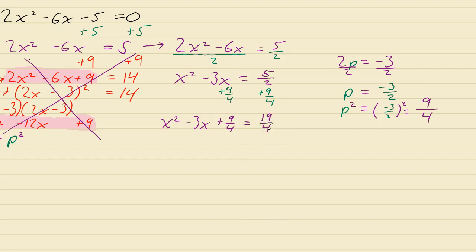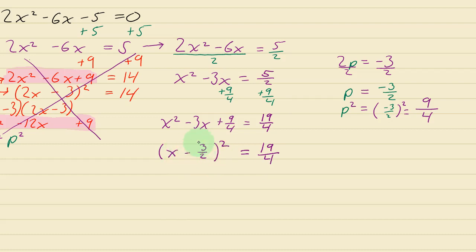Alright. Now, we should be able to factor the left side into x minus 3 over 2 quantity squared equals 19 over 4. And you could check this by foiling this out.